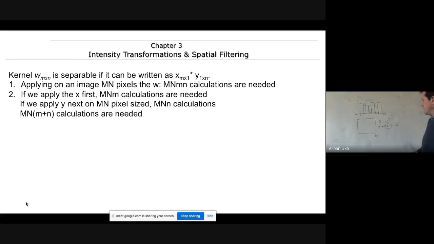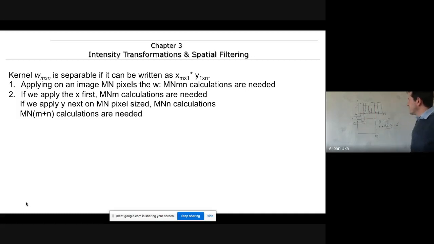If we want to consider the computational complexity, or the time that one computer needs to do the convolution of an image with a kernel, this kernel is going to sit on top of this pixel here on the edge, and we need to multiply element-wise all of these kernel numbers with the pixel values.